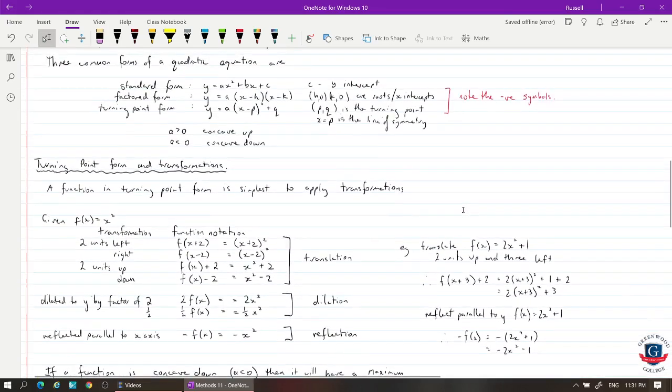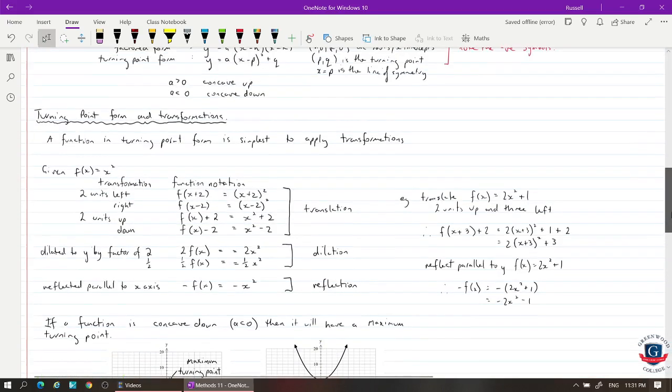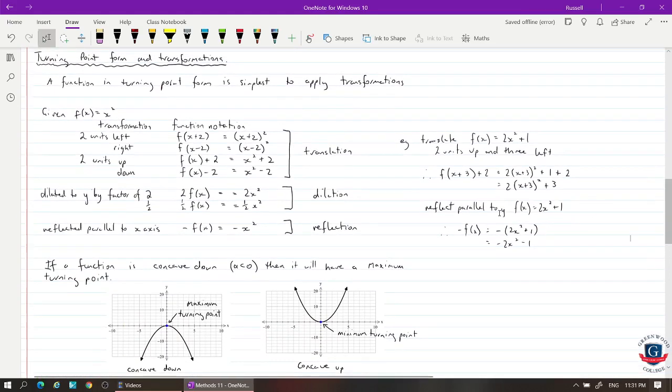Okay, turning point form. Let's look at that one first, and how transformations apply to turning point form. Given the function f of x equals x squared, if we want to translate it 2 units to the left, that's x plus 2, 2 units to the right would be x take 2. 2 units up, add 2 to the function, 2 units down, subtract 2 from the function.